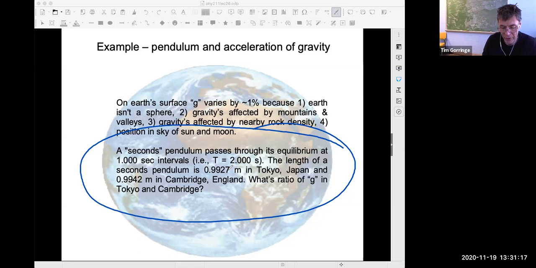And so we're going to calculate the ratio of accelerations of gravity based on the different lengths of the seconds pendulums. So the second, importantly, is the same length in Tokyo as it is in Cambridge. But the length of the pendulum you need to ring out these seconds is different in Cambridge and Tokyo, which reflects that the acceleration of gravity is slightly different in Cambridge and Tokyo.